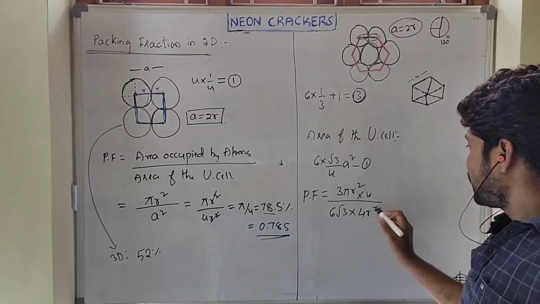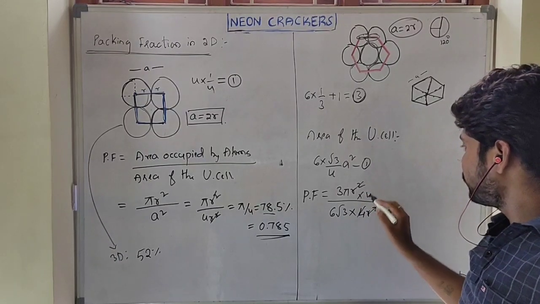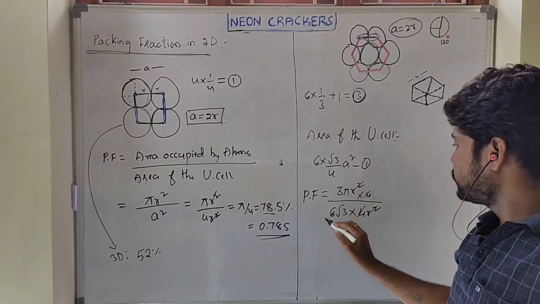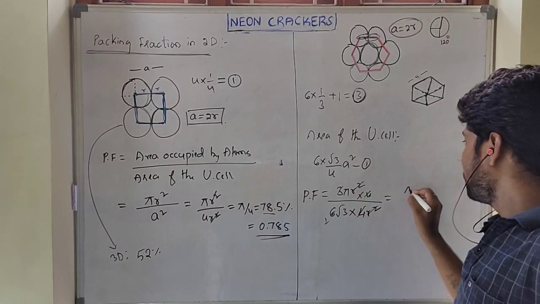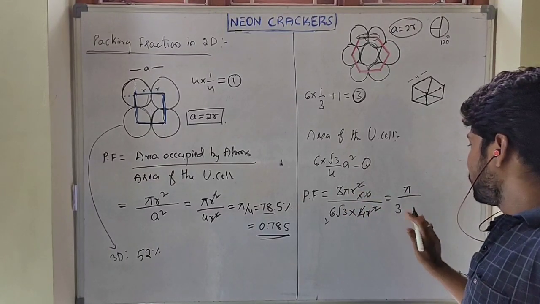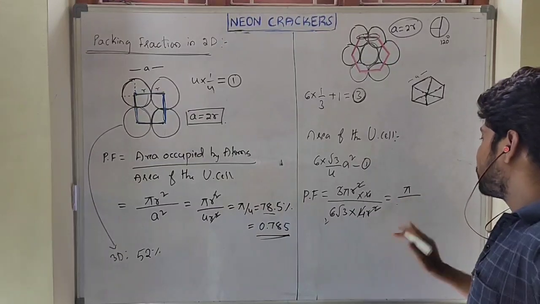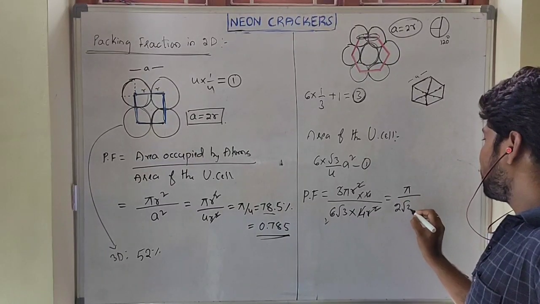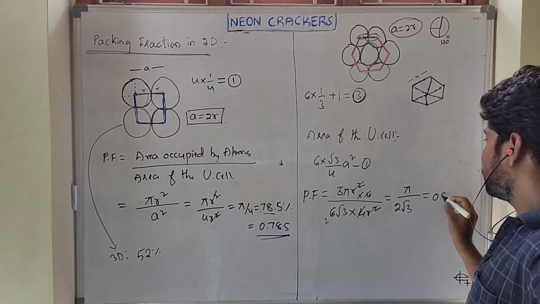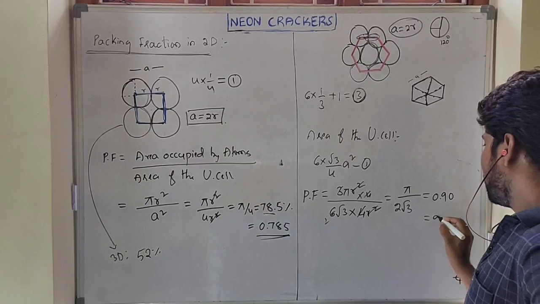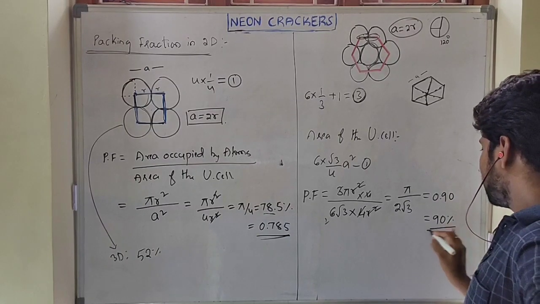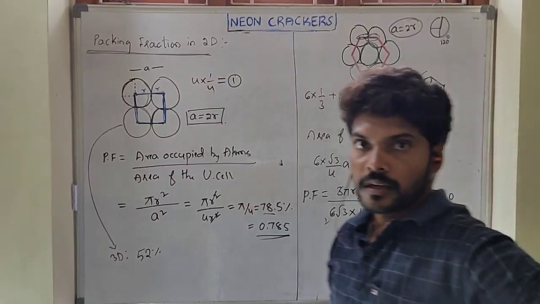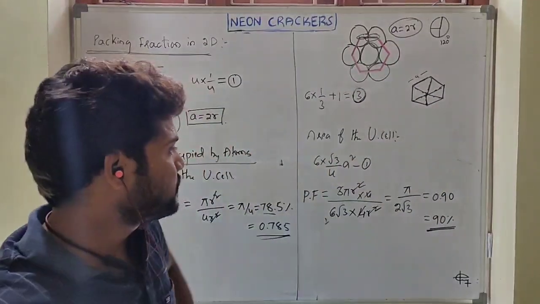The r square gets cancelled, and the 4 gets cancelled, so overall we get pi upon 2 root 3, that is nearly 0.9, or 90% packing fraction.